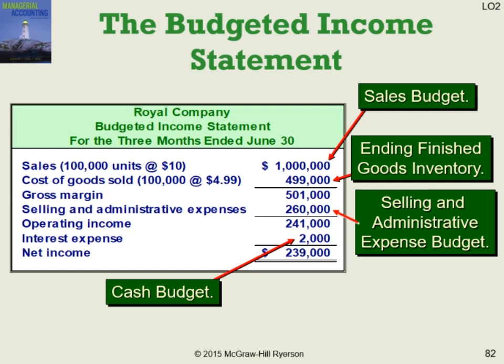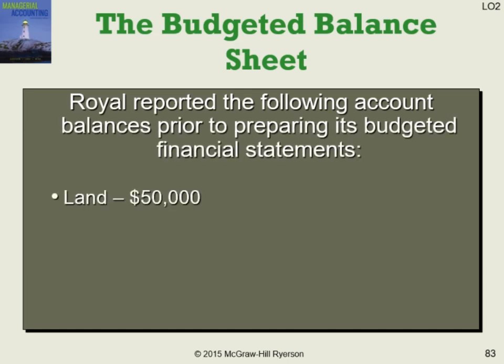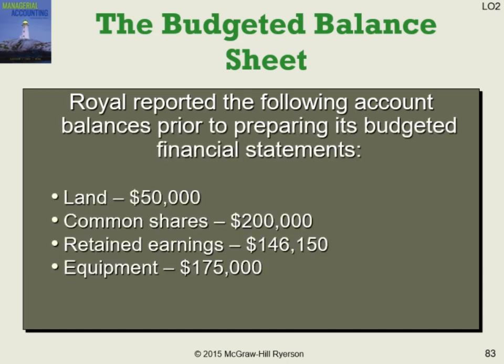The selling and admin expenses comes directly from the selling and admin budget. Of course, not the cash amount, but the total expense amount, including the non-cash depreciation charges. And then our interest expenses, $2,000 from the cash budget, and that gives us net income of $239,000. We can also prepare a balance sheet.